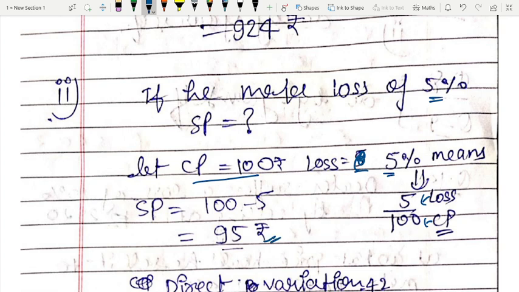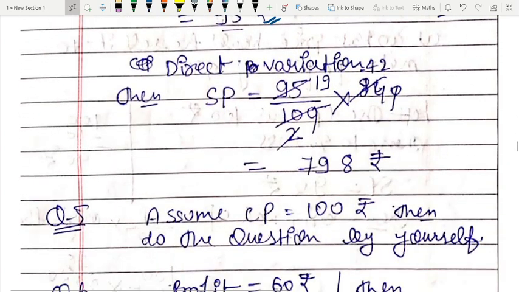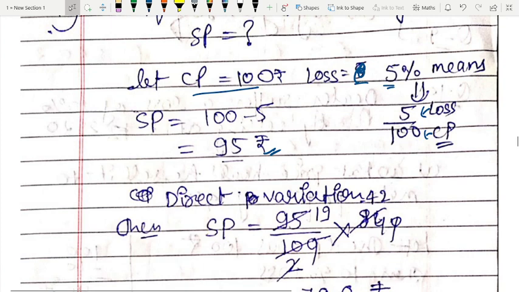By direct variation, what is this 95? It is the assumed selling price, and this one is the assumed cost price.